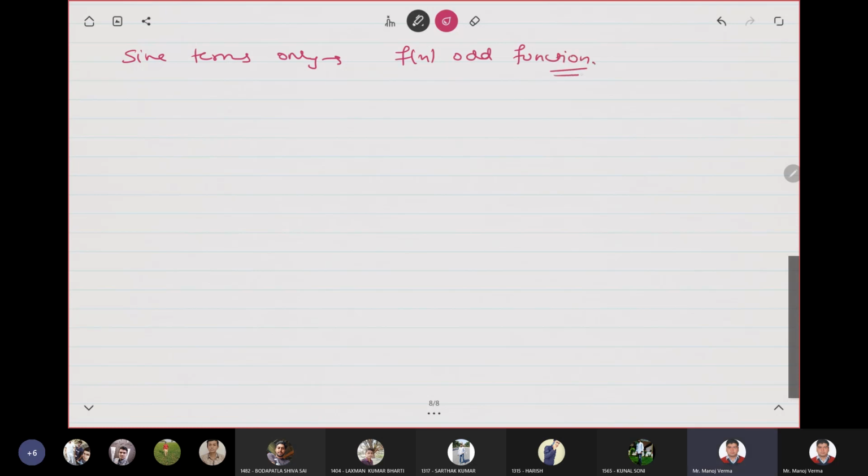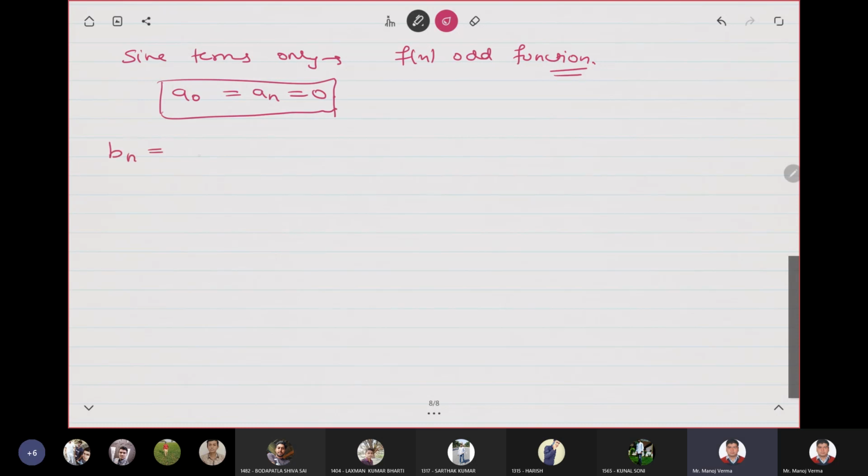So for an odd function, you can simply see the value of a0 and an will become 0. Only the value of bn will be there.